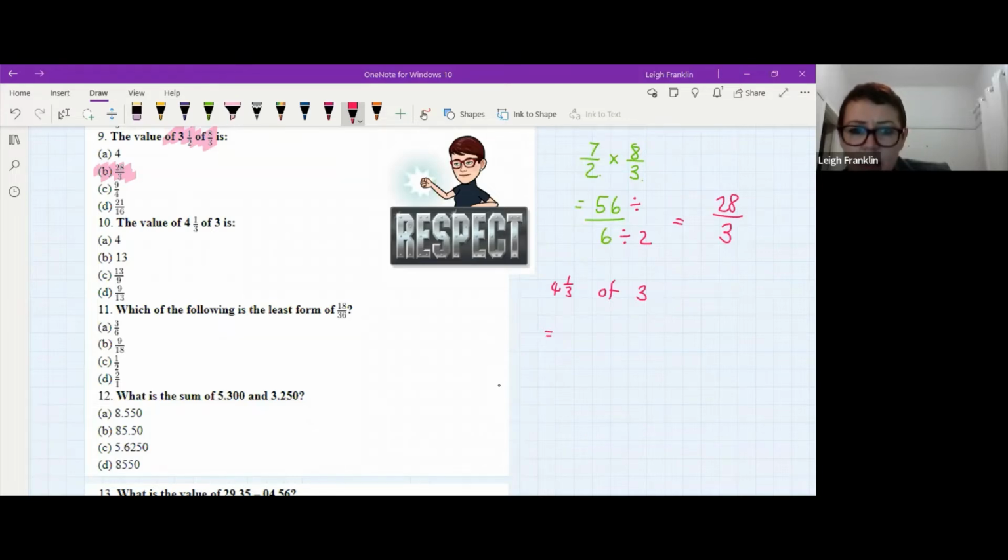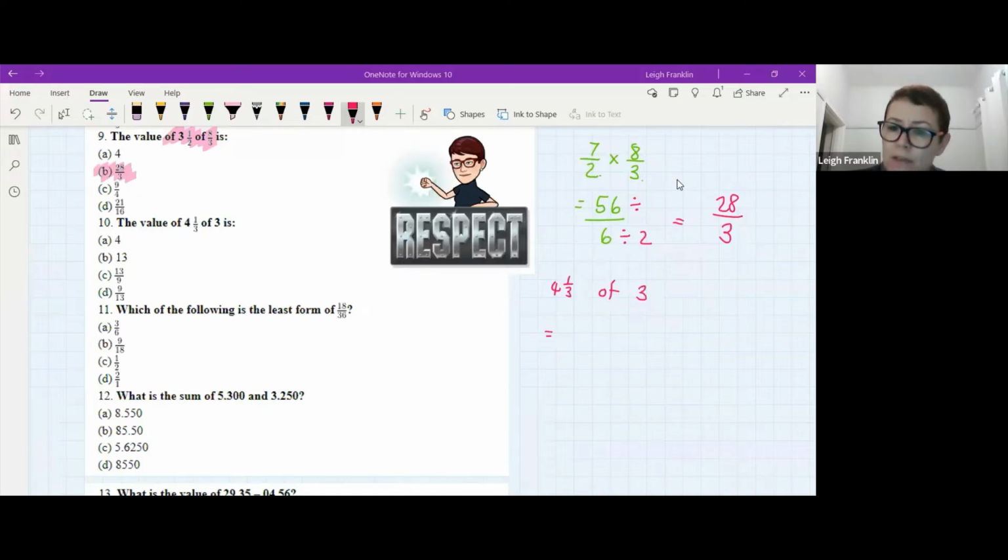Okay, it's Anati. Anati, do you know how to do this question? Ma'am, do I have to change 4 into an improper fraction? Good. Absolutely. That's lovely, Anati. So what would it be as an improper fraction? It would be 13 over 3.